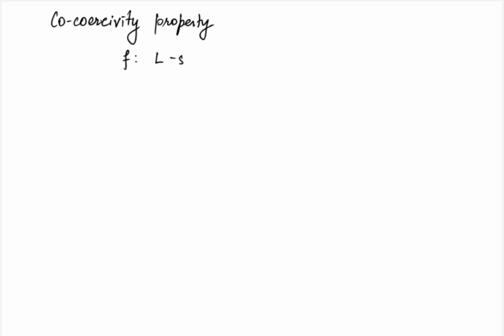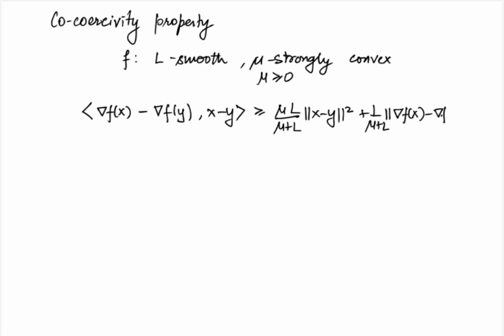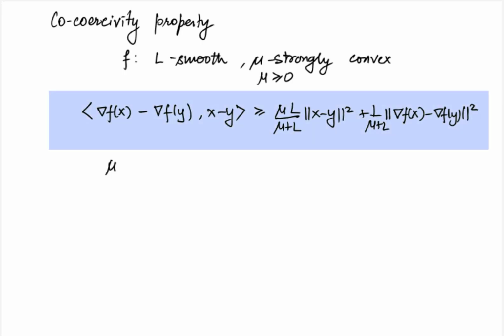The property says that for L smooth and mu strongly convex functions, we have that the inner product of gradient of f of x minus gradient of f of y with x minus y is greater than or equal to mu L by mu plus L, norm of x minus y square, plus 1 by mu plus L, norm of gradient of f of x minus gradient of f of y square. Note that we can set mu equal to 0 and get the co-coercivity property for smooth convex functions.